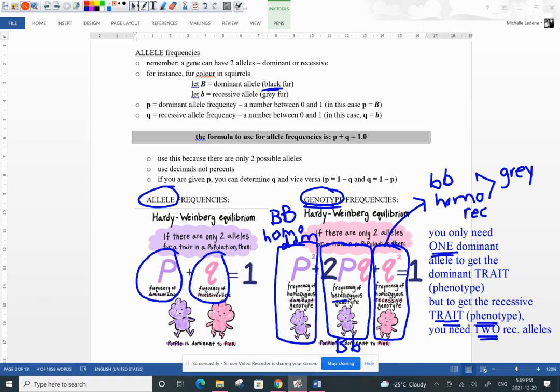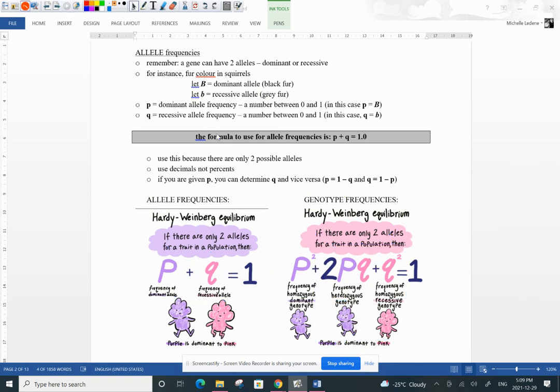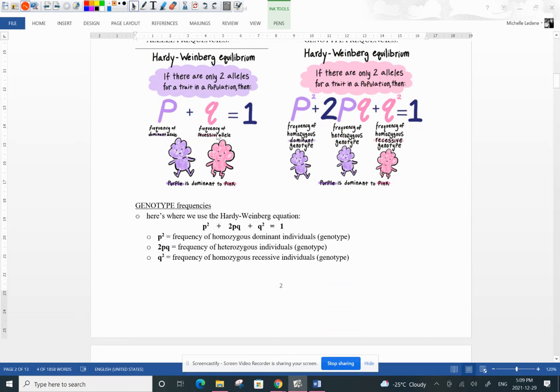Okay, so one last time, just understanding what this genotype equation is. The p squared is all of the individuals, the frequency, the proportion in a population who are homozygous dominant. So again, those squirrels would be the big B squirrels, and of course they would be black squirrels.